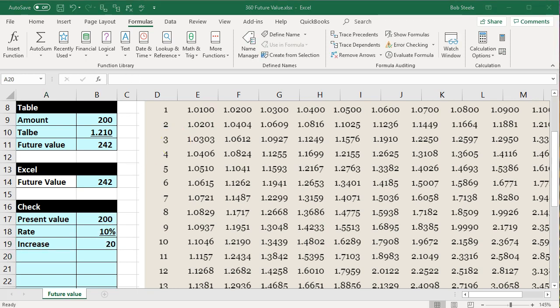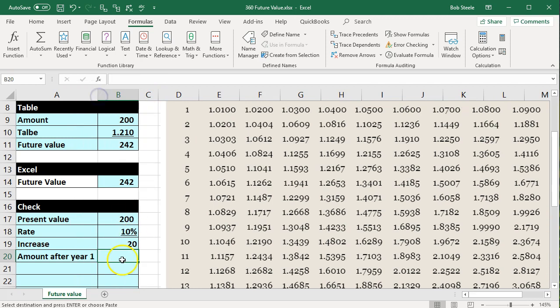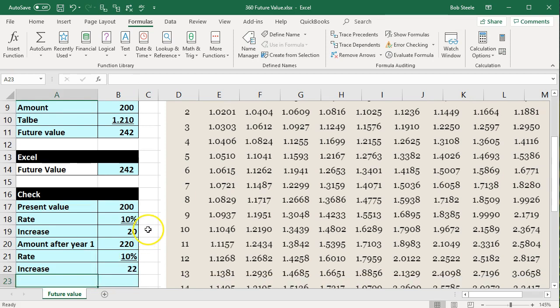So the amount after 1 year, or the future value after 1 year, would be equal to the 200 plus the 20. And then we had 2 years, so we're going to do this again. The rate is 10%. So the increase is going to be equal to the 220 times 10%, or the 22.